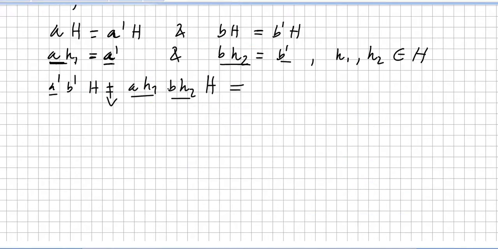So let me see if I write this well. I'm going to write A H1, that's what it is here, and B H2, but here I can write BH, since H2 is in H. And do not forget this is a normal subgroup, so I can also write, this step is because it's normal, A H1 H B.